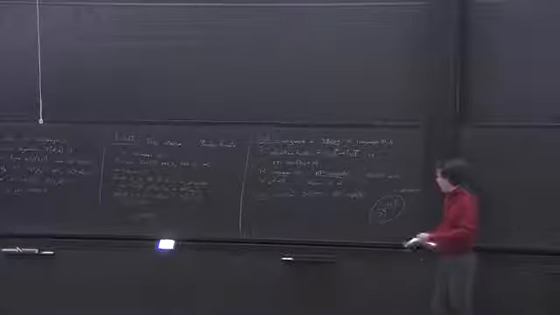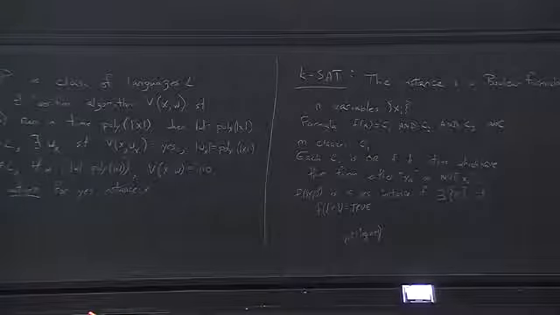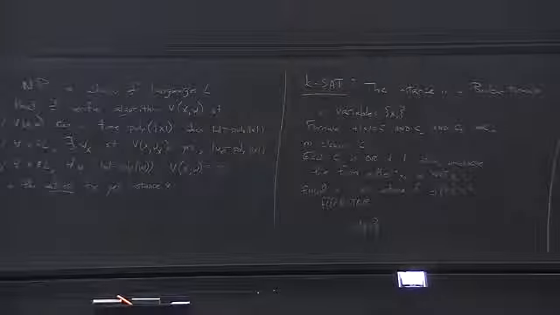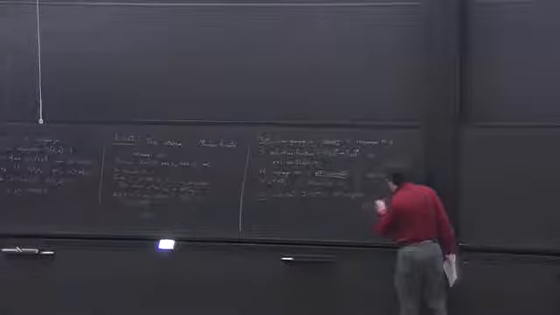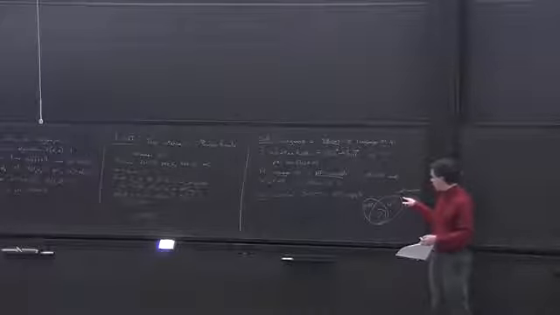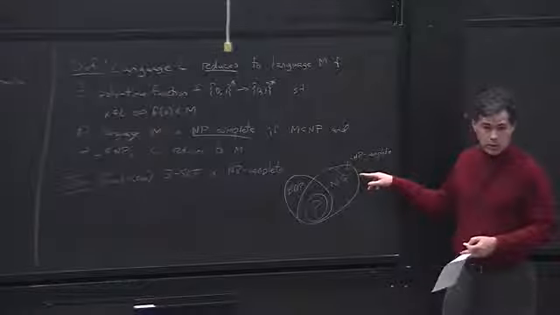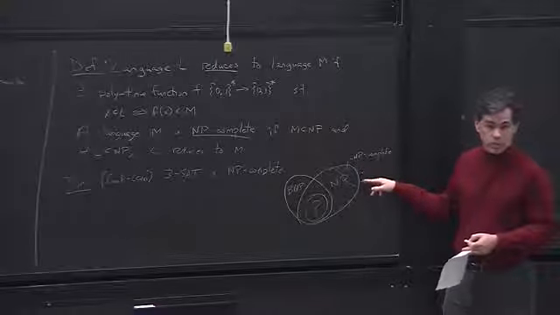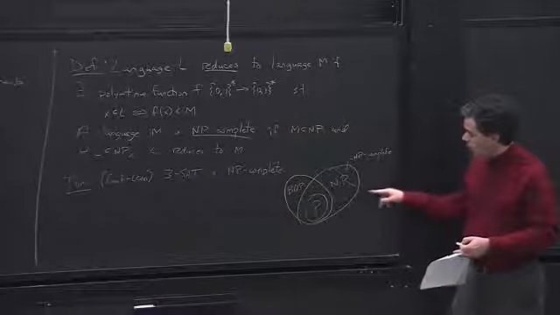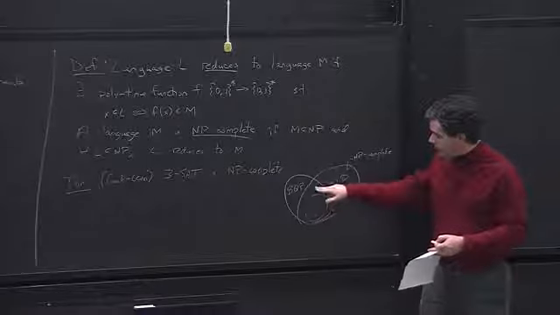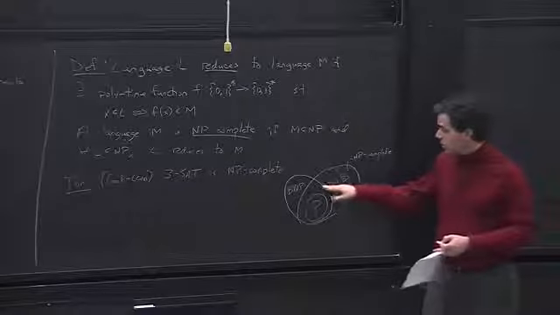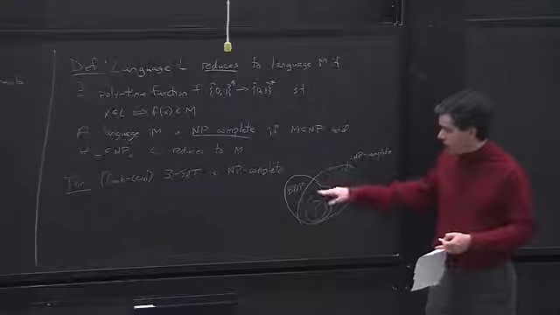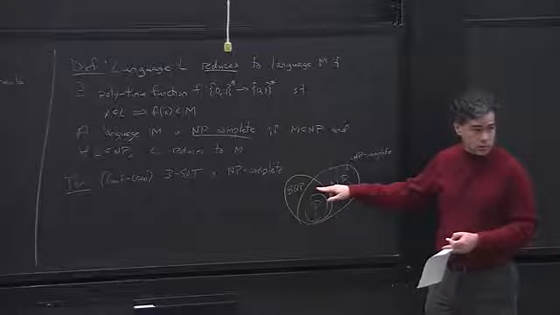Okay? And then where does BQP fit into this? Well, BQP also includes P, because you can do anything on a quantum computer that you can do on a classical computer. But we think it looks like this. So we don't think that BQP includes NP, that NP complete problems are still hard on a quantum computer. On the other hand, it does seem to include some problems that are in NP and not in P, like factoring, which we'll talk about tomorrow.